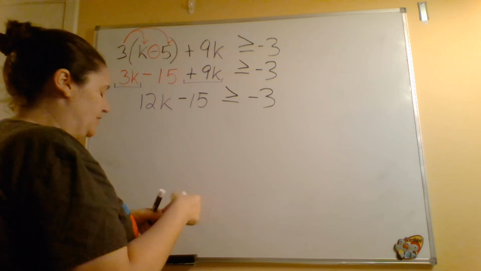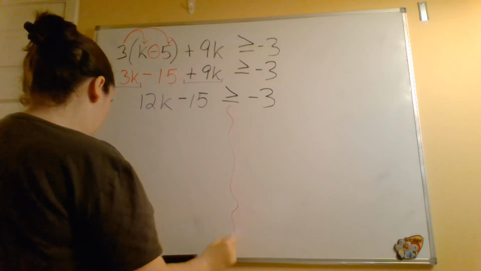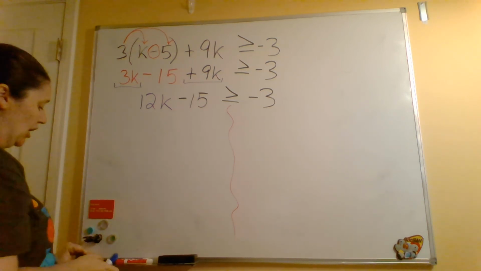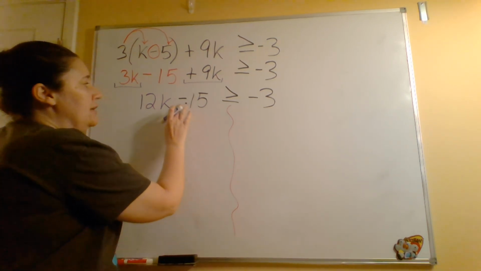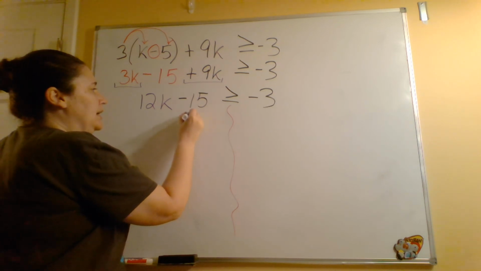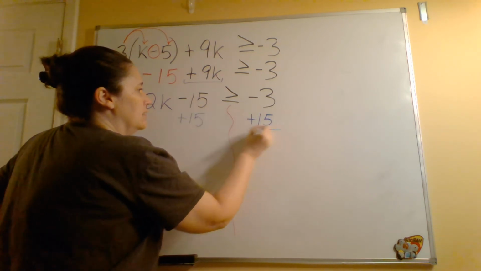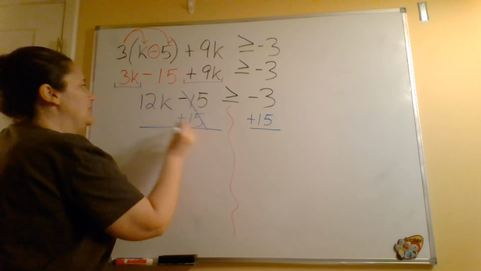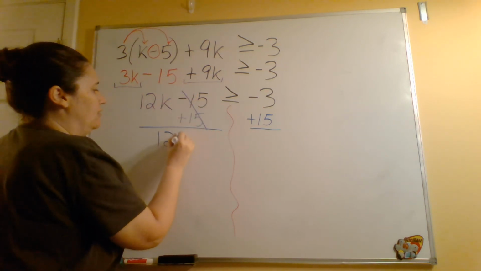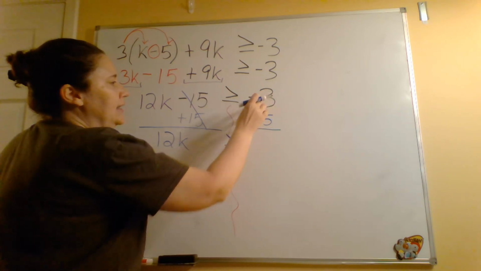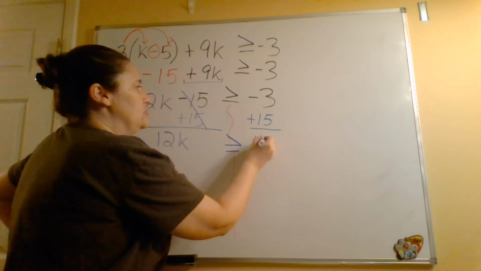Now I can solve this like a regular two-step equation. I need to see what's being done to k and do the opposite to both sides. They are subtracting 15, so I need to add 15 to both sides. The 15's cross off. I have 12k on the left, greater than or equal to -3 plus 15 is 12.